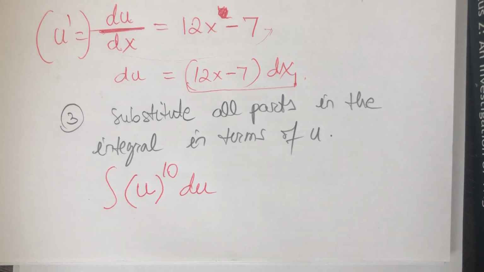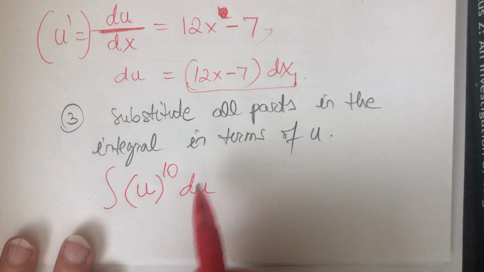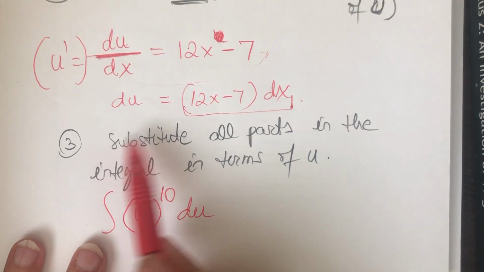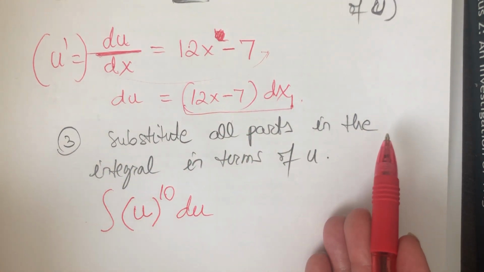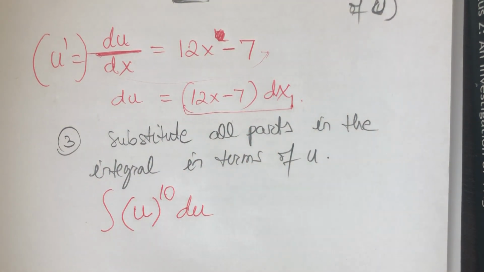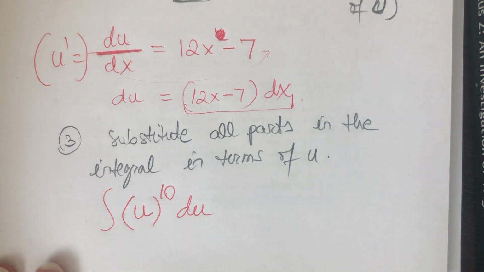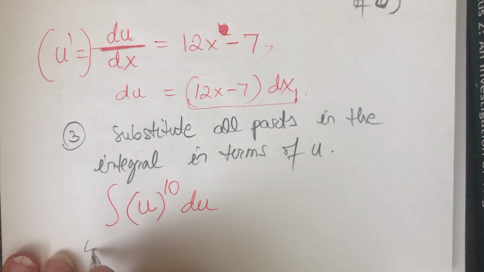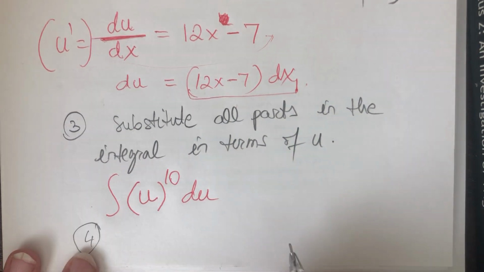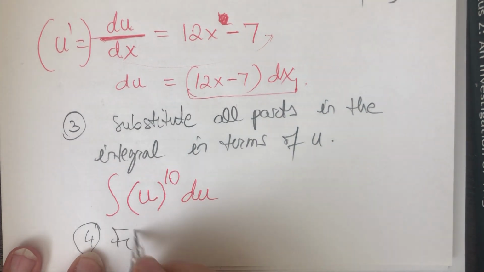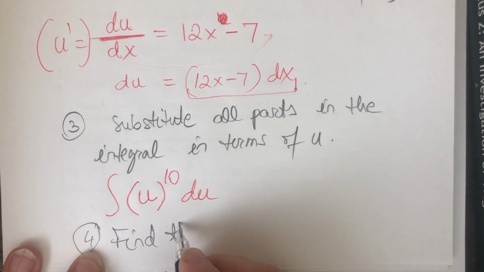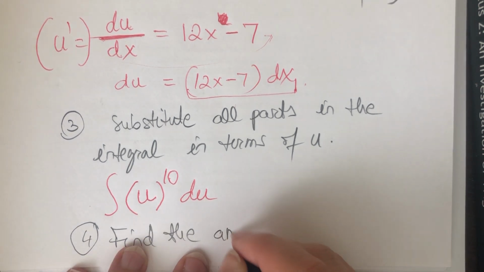So once I substitute it all with this new name, that's what it turned into. Du was the derivative of u with respect to x, which is exactly that part there. So this is easy now. What do I do next? Find the antiderivative, yes? This is something I can easily do. So now find the antiderivative. This should be easy now.